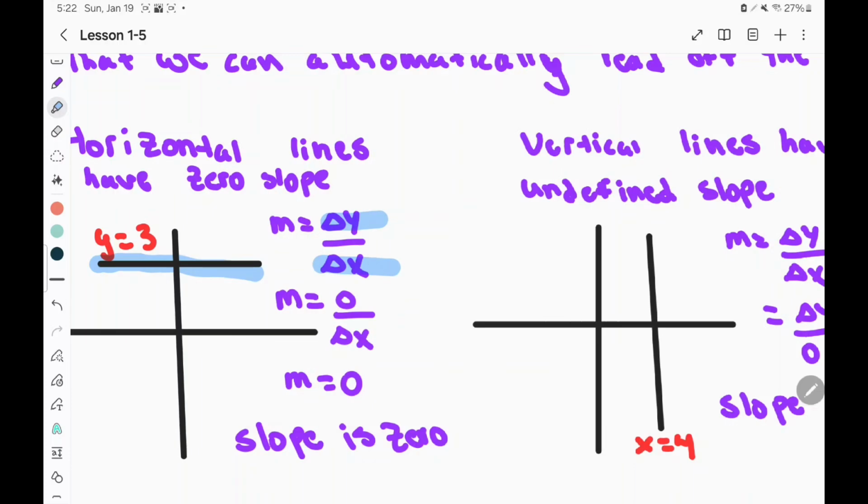Y will always equal 3 on this particular line. If I choose any 2 points on this line, doesn't matter where, there's going to be no change in the y value. After I subtract them, I'm going to get 0, and 0 divided by anything else is just going to be 0. So the slope of a horizontal line will always be 0.